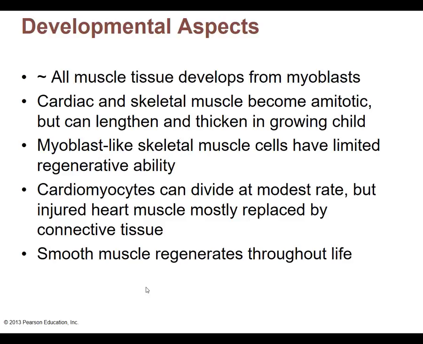They can still lengthen, they can thicken, but you don't get more cells. Whatever cells you were born with in your cardiac and skeletal muscles, that's what you've got. Now, the myoblast-like skeletal muscle cells have some regenerative ability. So if you do damage some of your skeletal muscle cells, we have these building cells. They're not exactly the same as the original myoblast, but they're myoblast-like.